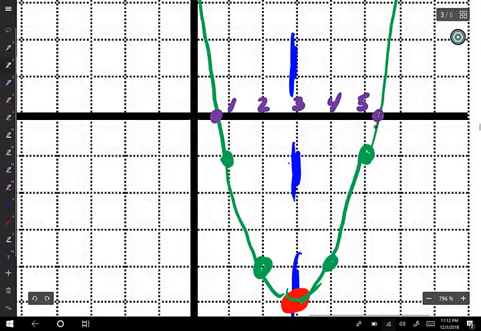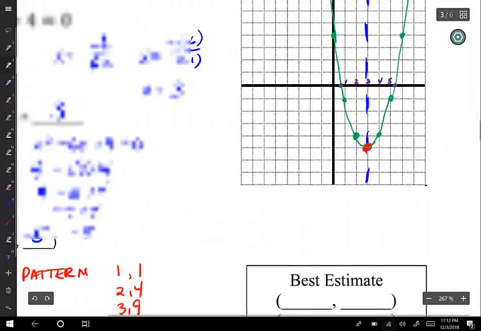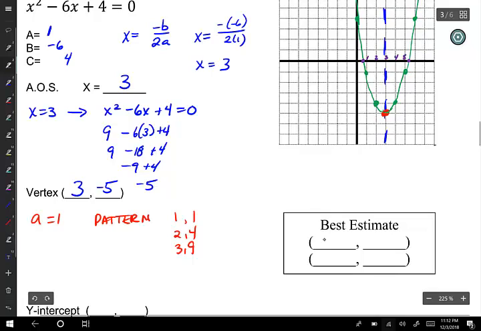So I'm going to say it's somewhere like 5 1/4 and 0.75. So my best estimate here for my answer is going to be x equals 0.75, comma 0, and x equals 5 1/4, comma 0. Now I don't know exactly what the answers are, but that's my best guess based on my estimate there.